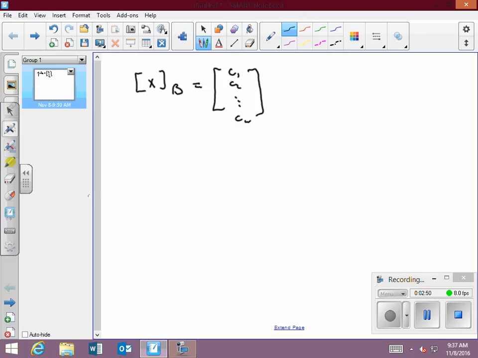And if you remember, the column space for a matrix is determined by the number of pivot points, and the vectors that define the column space are the vectors in the original matrix for those pivot points.